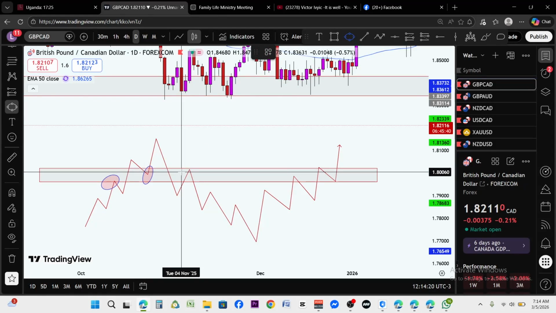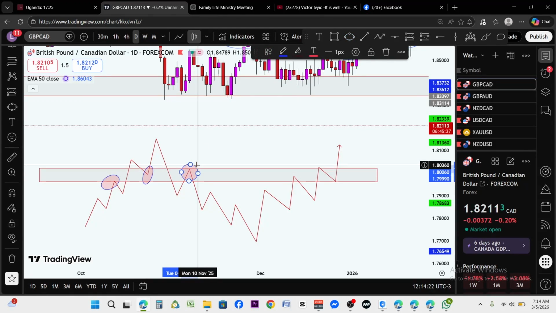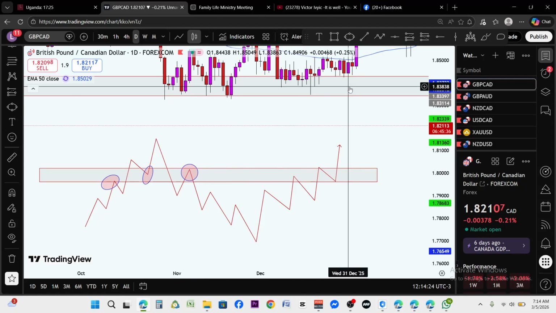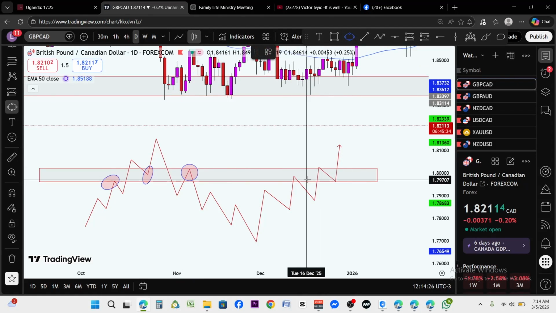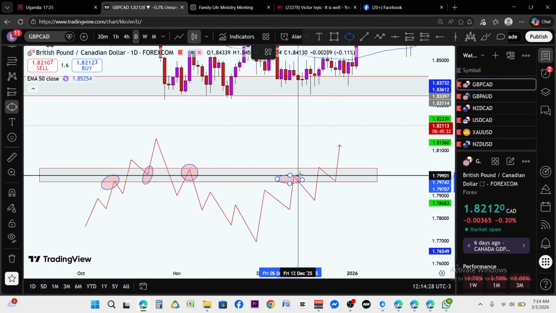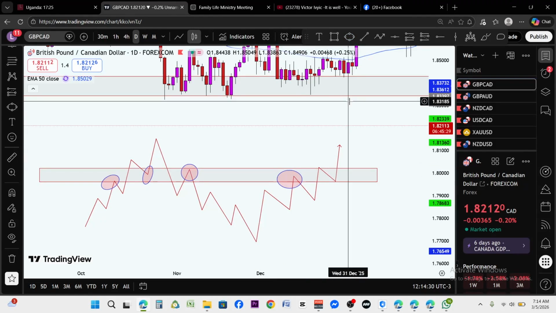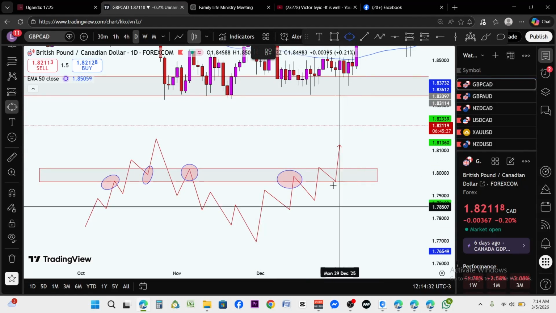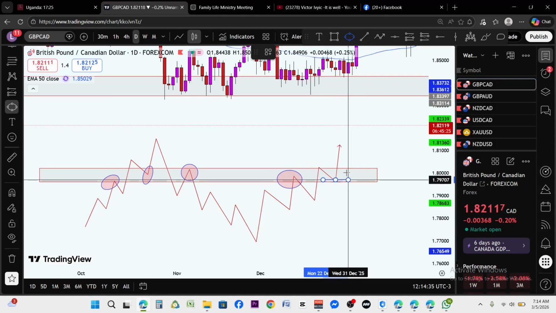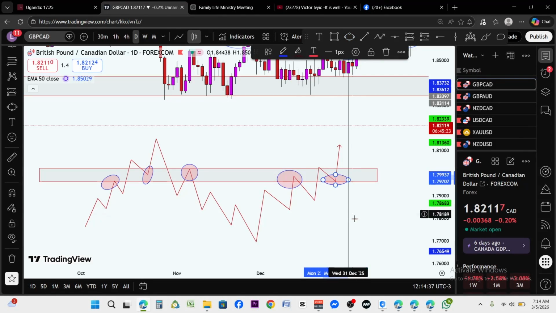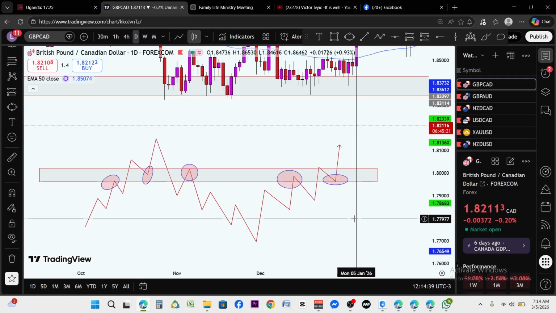Then here, resistance. Then here, resistance also. And here, support. Right? Support is a reaction zone where price previously bounced.